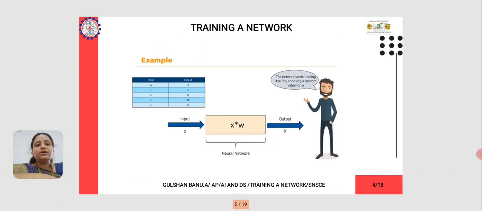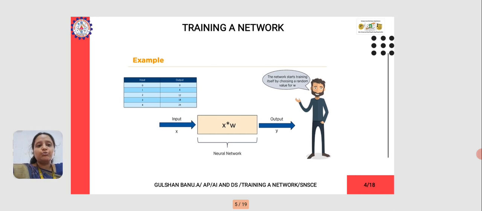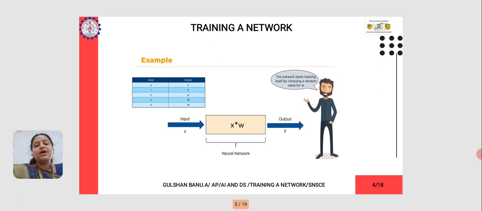As explained in the previous video, I am going to explain again. Every time data is given, you take an input value and you have a neural network value, or the loss function, and you get the output. The output is calculated as x into w, where w is the neural network value.